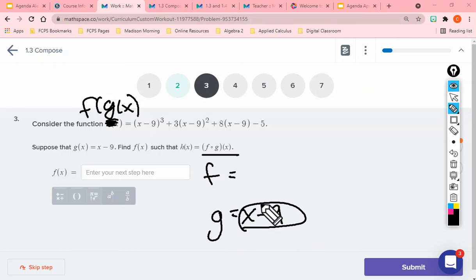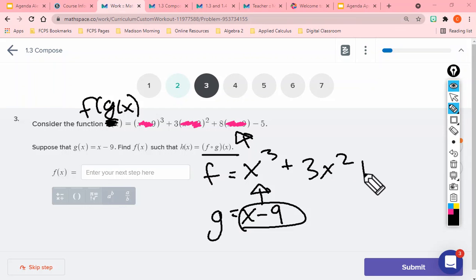Okay, G is going to go into this one, and the result has to be that. So look at everywhere that has the x minus 9. That's where it's going to go in. What's left? X cubed plus 3x squared plus 8x minus 5.